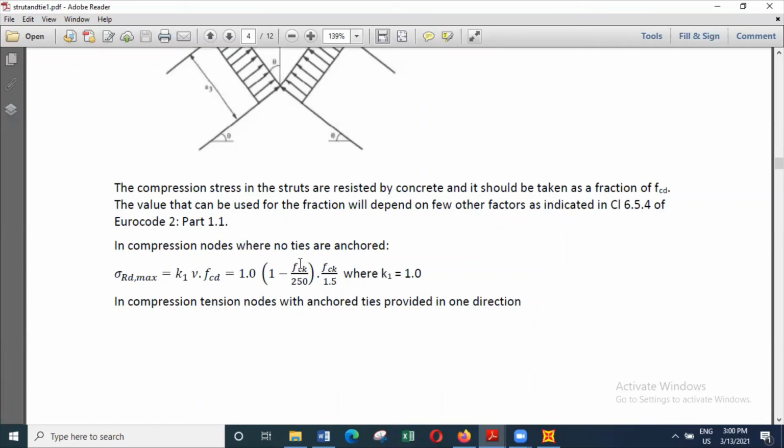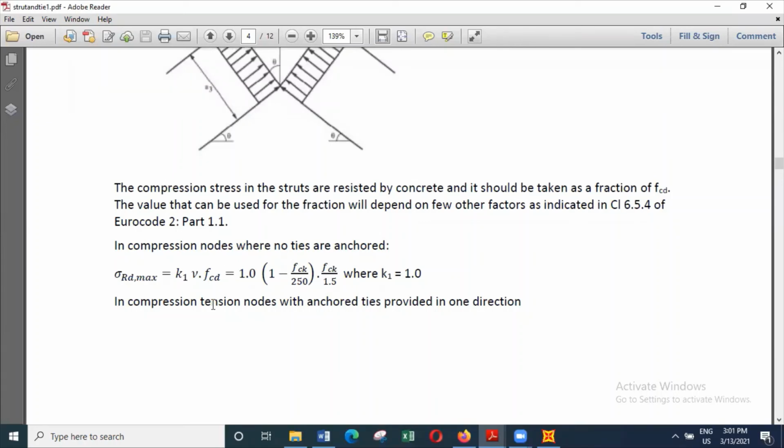So you can see this value is about 0.9, and fck is the strength of concrete, which is taken as the compressive strength of concrete. So what you get is compressive strength of concrete divided by 1.5, multiplied by 0.9. So if you get 0.9 divided by 1.5, you get 0.6 fck.